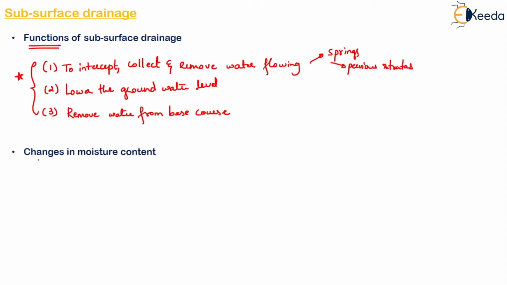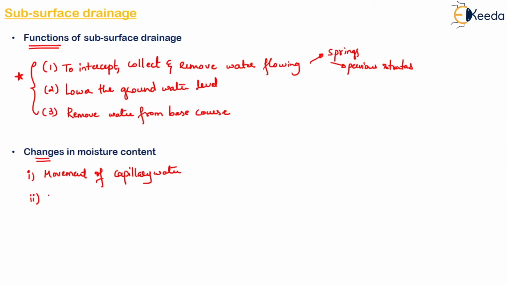Moving on to the next one, the changes in the moisture content. Normally there will be change in the moisture content of the subgrade soil because of various causes. Some of them are because of the movement of capillary water.